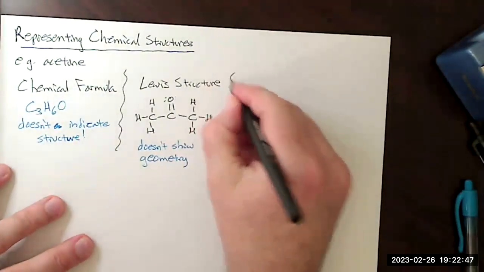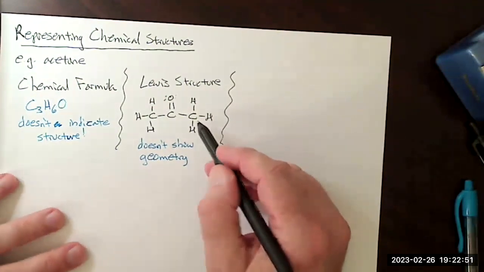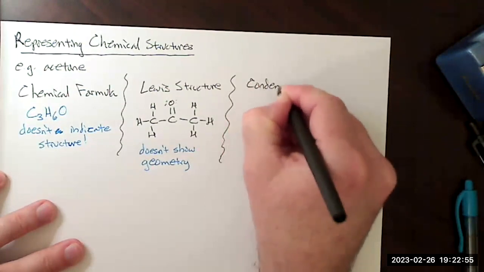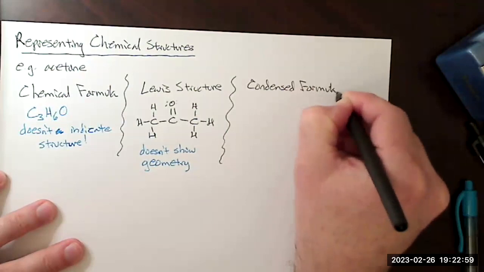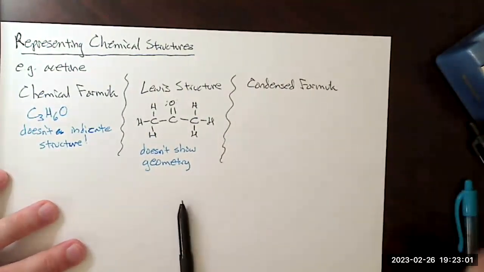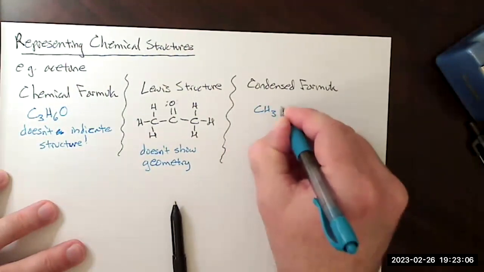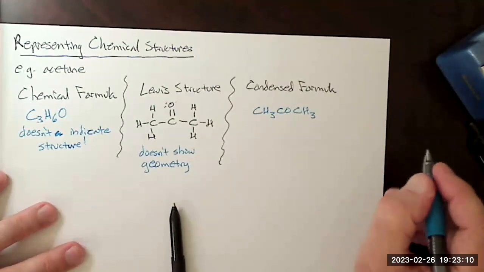It's also a little bulkier, and it's kind of hard to type this. So what is sometimes used is a condensed formula. In a condensed formula, it's a chemical formula, but we lump together the bits.